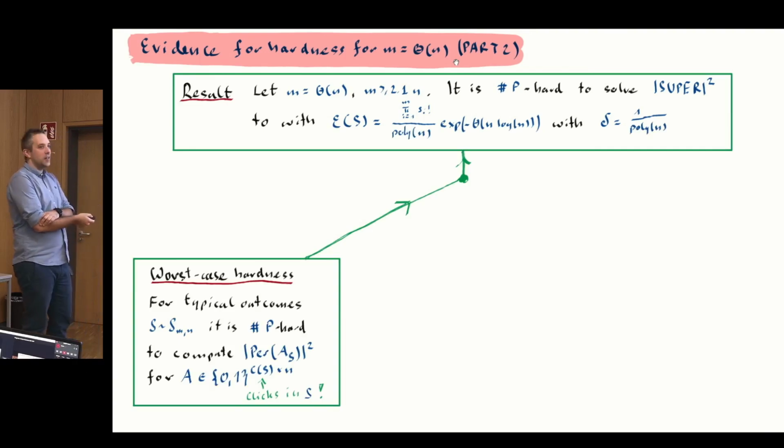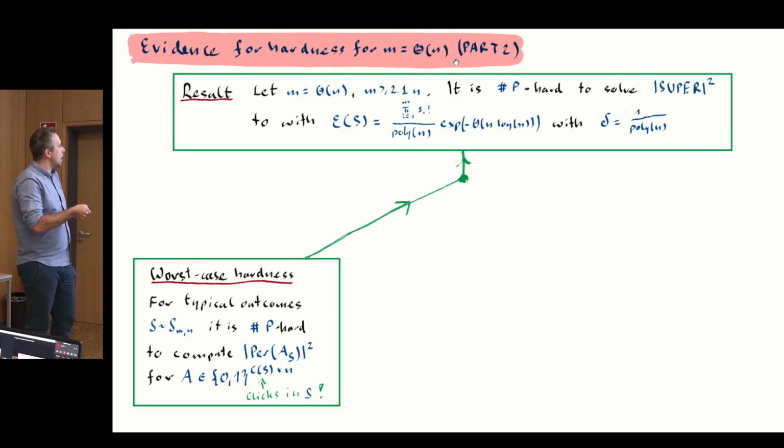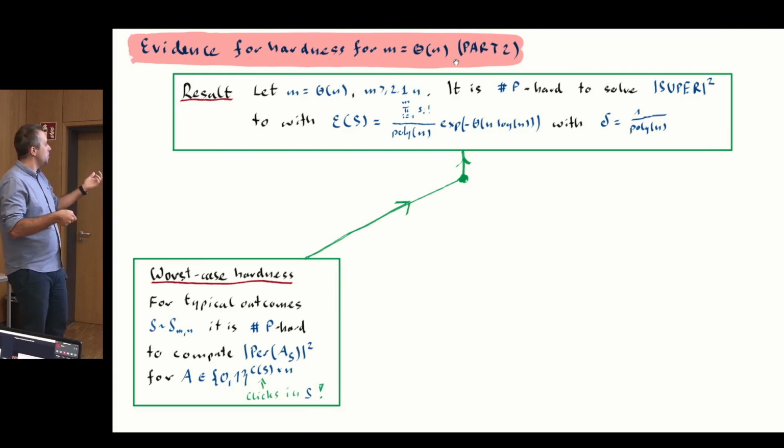So what are the key ingredients when you do the reduction? First, as I said, we have many output types. So we first prove that for random S, it is sharply hard to compute the permanent of binary matrices, but those binary matrices sort of mimic the structure of matrices that you get from this boson sampling experiment.